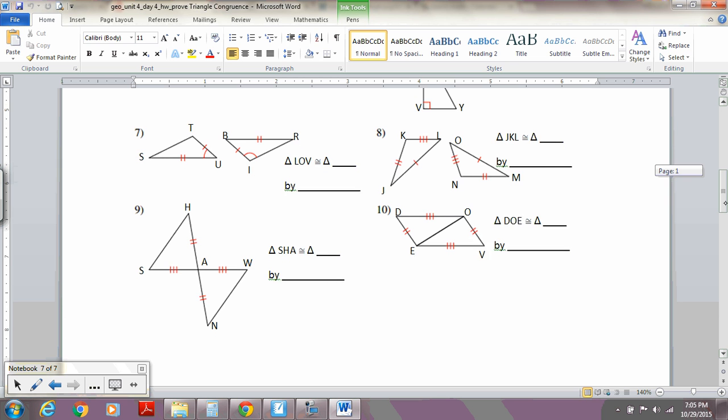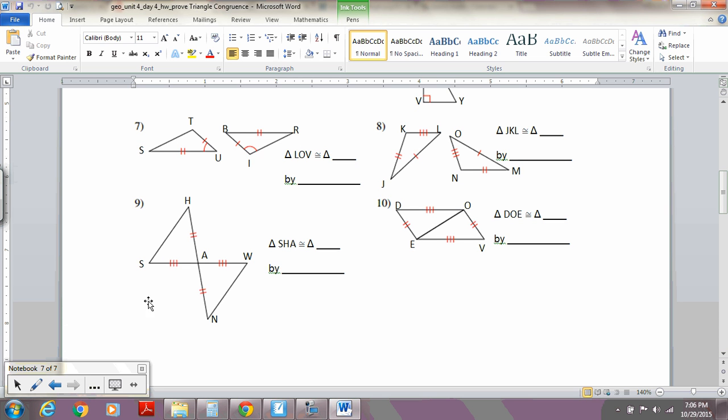Number 7. There's a typo here on number 7. It should read triangle STU. And on triangle STU, we have side SU, TU, and a given angle.